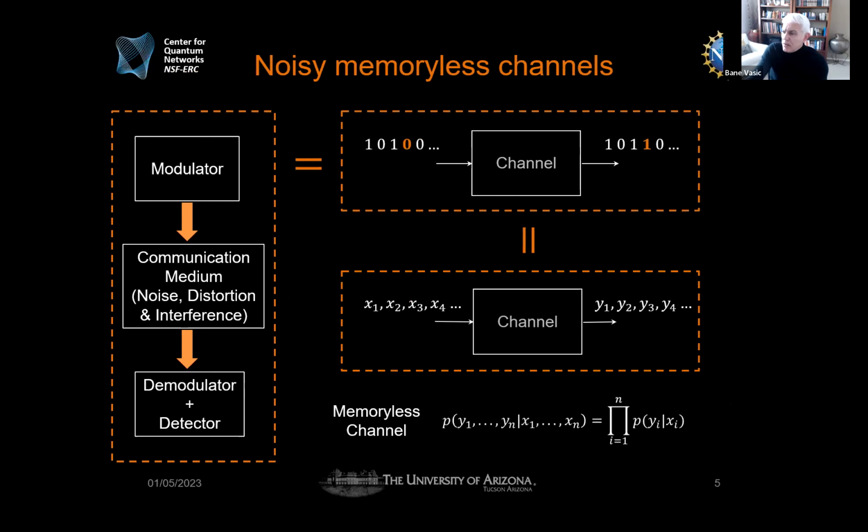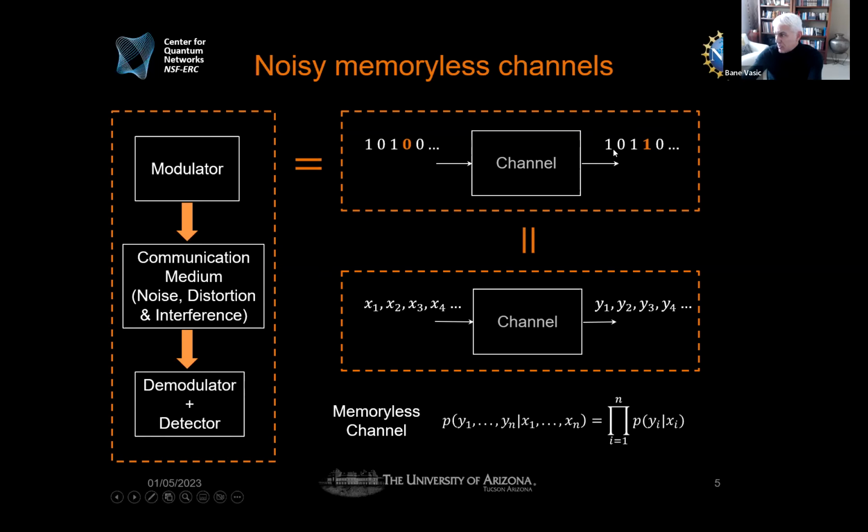So for the purpose of error correction, we make an abstraction, and we don't consider any modulation or detection in our course. The model that we have is the following. We have a sequence of bits that go into a communication channel, and then we have some output of the channel, and this channel output is not necessarily the same as the input.